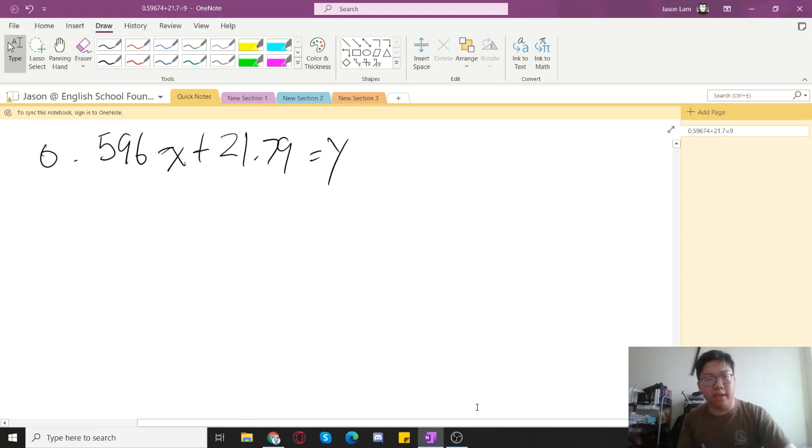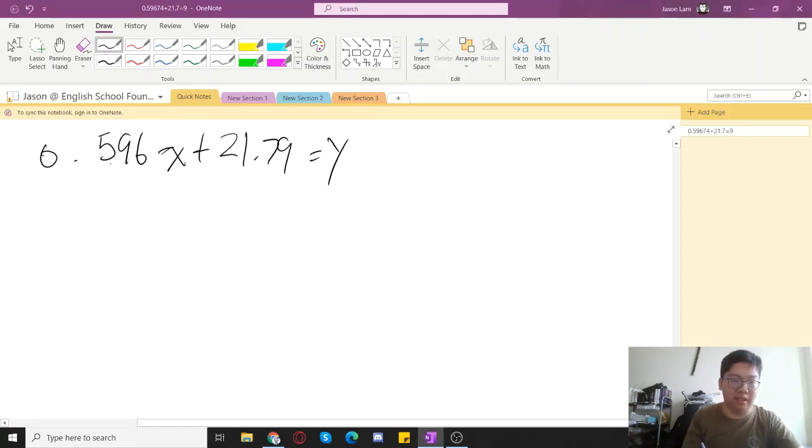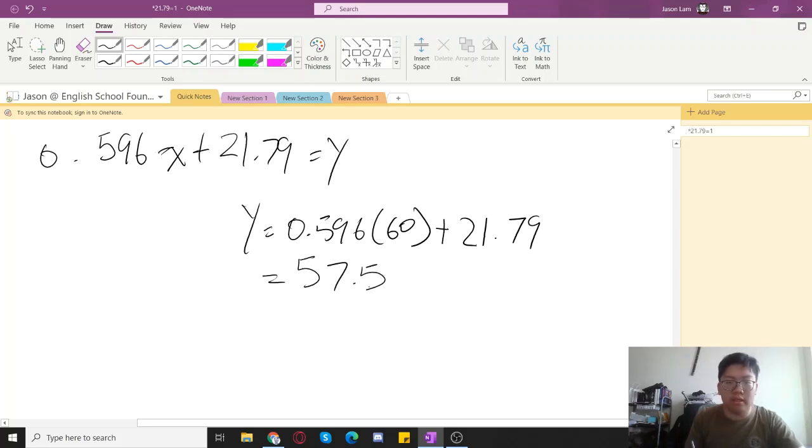Let's try doing C1 first, because if C1 is also wrong, then there's definitely a problem with what we're trying to calculate. 60. So if C1 is also wrong, that means there's a problem with the mark scheme. It's 57.55. So that's right.